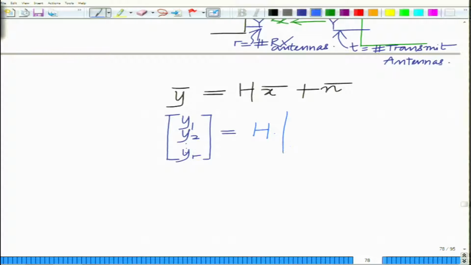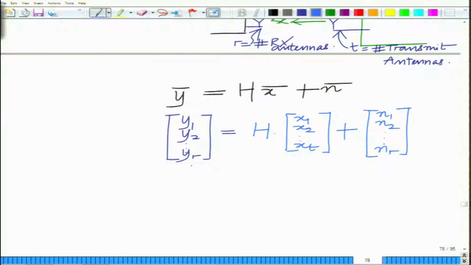Remember you have T transmit antennas, so you have T transmit symbols, plus n bar, which is the thermal noise samples, additive white Gaussian noise samples at the R receive antennas.